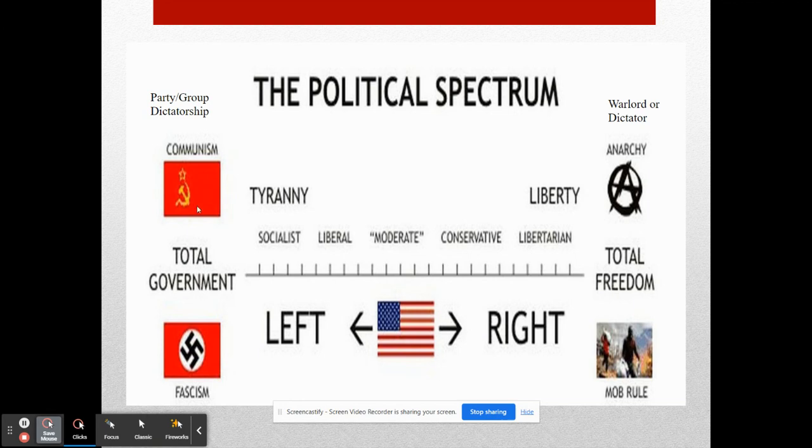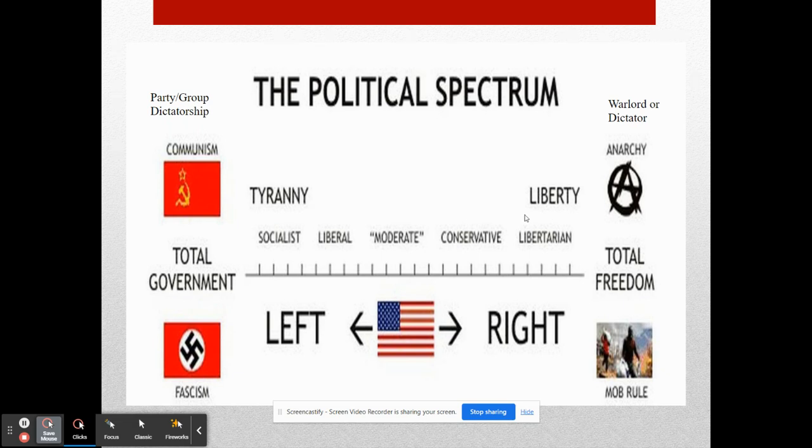The further you go on both ends, in communism, in fascism, in Marxism in general, the government, the group, becomes God. There is no God except for the group. In extreme right anarchy, the individual becomes God.